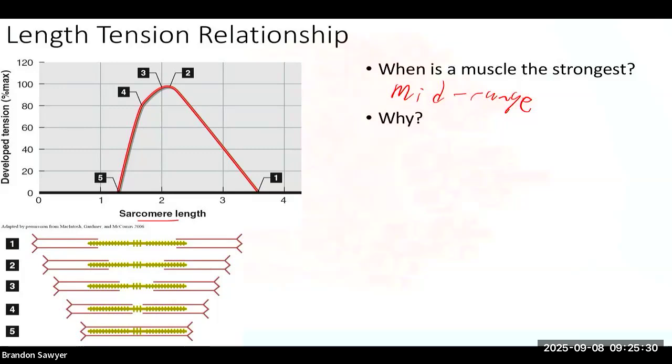So this is talking specifically about a sarcomere. When a sarcomere is all the way lengthened, we have all of these myosin heads that aren't touching actin, and so they're not helping us produce force. Right? They're just kind of swinging around in the cytoplasm. They're not doing anything. Okay. And then on the opposite end, number 5, when our sarcomeres are all the way shortened already, there's just no more room for them to shorten.